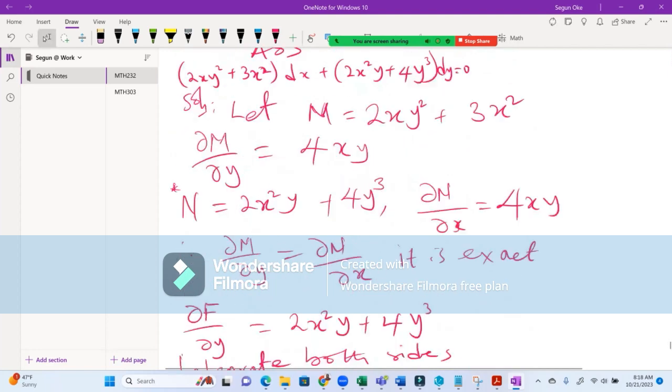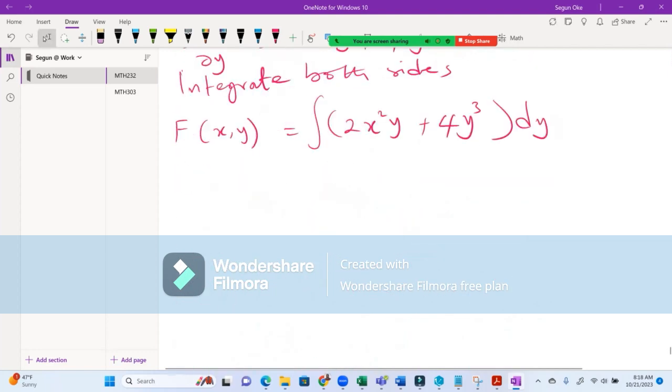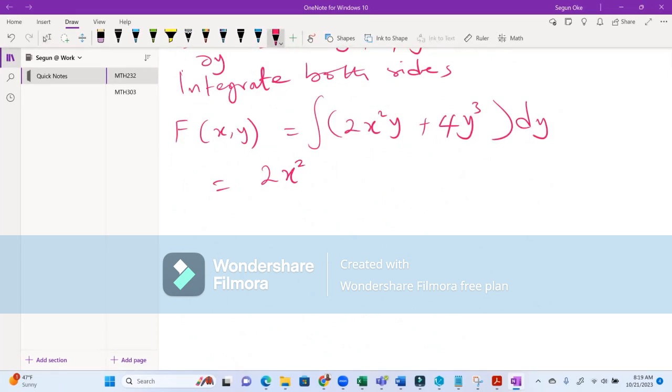So we move on. Now, at this point, what do we need to do? Let's integrate with respect to y and add h of x to it. So it's going to be 2x squared, because it's with y squared over 2, plus 4y raised to power 4 divided by 4, everything plus h of x.